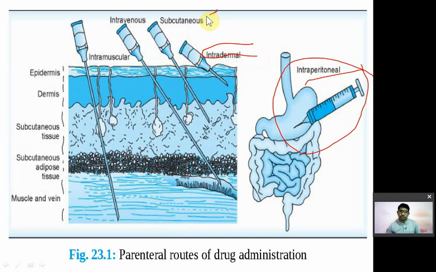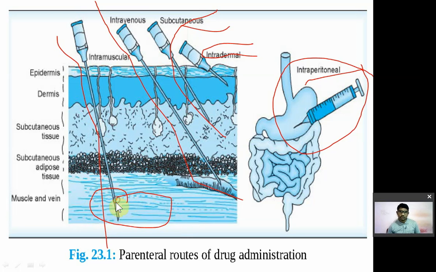Injection of your formulation below the skin, into the subcutaneous layer or subcutaneous tissue, is known as a subcutaneous injection. Injection of formulation directly into the vein is known as intravenous injection. Then intramuscular injection is injection of a drug solution into the muscle tissue.